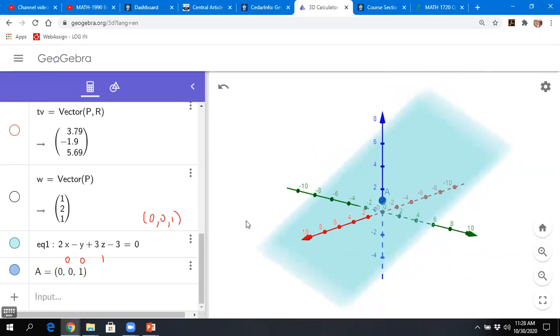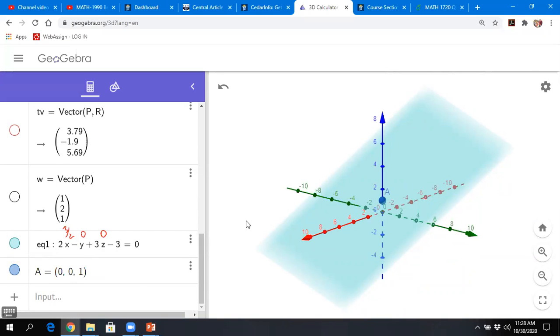Let's plug in some other stuff. What if I plugged in y and z equal to 0? What would x have to be? It would have to be 3/2. 2 times 3/2 is 3, minus 3 gives us 0, right?